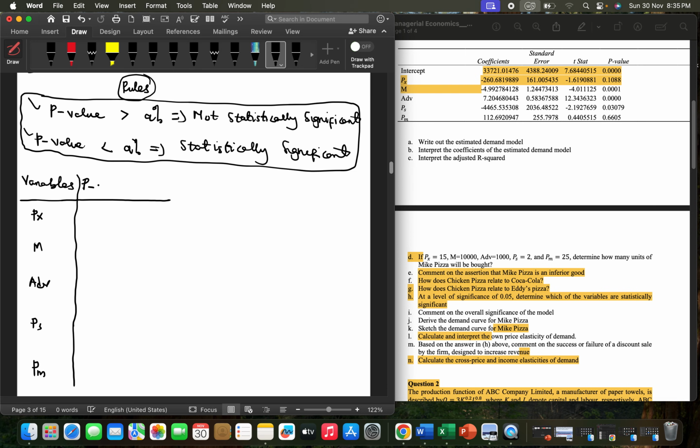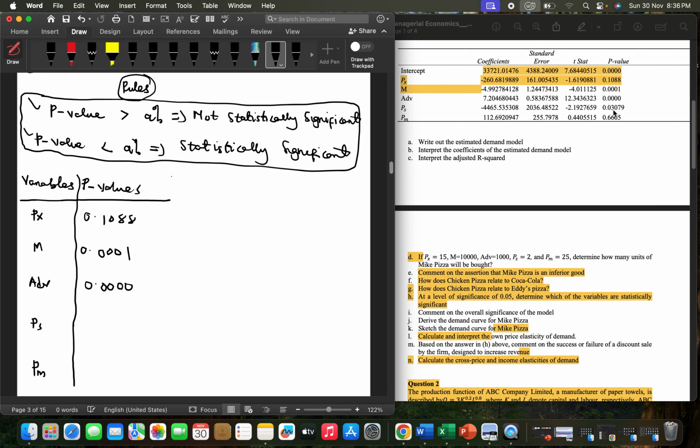So the p-value for PX is 0.1088. I'm picking them from the question this side. The p-value for income is 0.0001. The p-value for advert is 0.0000.